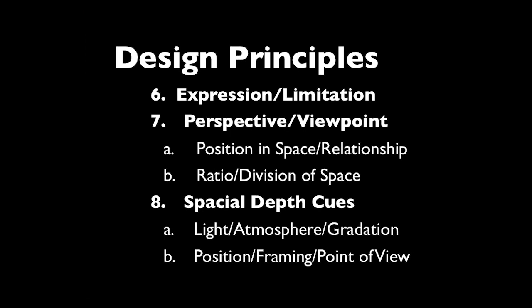But deciding on the perspective, deciding on that viewpoint, and then learning how to modify or change it from shot to shot or even within a shot is part of the task of being a good cinematographer.